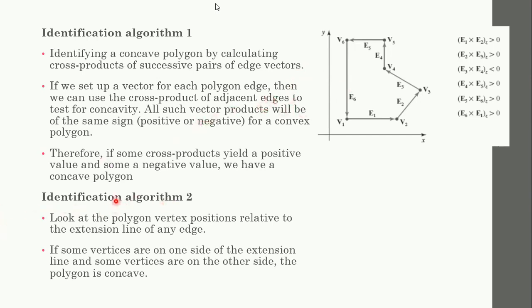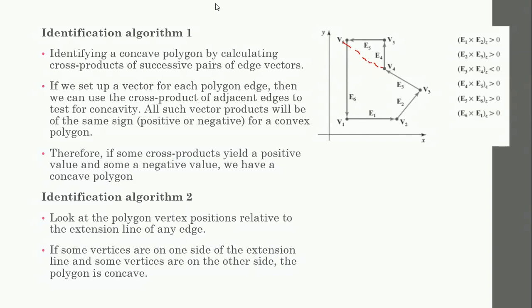The second algorithm is identification algorithm 2: look at the polygon vertex positions relative to the extension line of any edge. If some vertices are on one side of the extension line and some vertices are on the other side, the polygon is concave. We have already shown this in the previous slide. For example, take the extended line of E3.